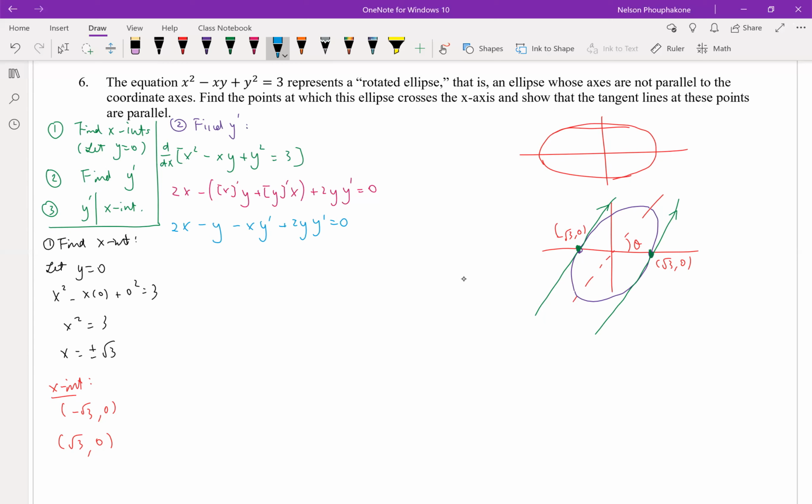Now we have to group all the y prime terms together. So I have 2y y prime minus x y prime equal to y minus 2x. So y prime is equal to (y minus 2x) over (2y minus x).